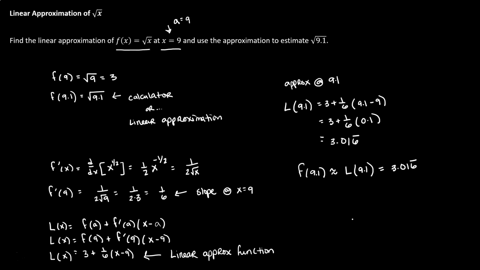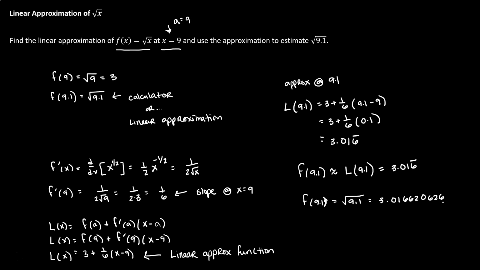If we wanted to, we could compare this to the calculator's answer for square root of 9.1 and see how different it really is. So if we did f at 9.1 without the linear function, that would look like the square root of 9.1. And if we type that in, we get 3.016620626, and this could be rounded.